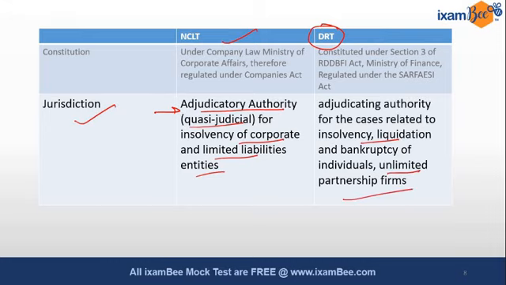A general partnership firm has unlimited liability of the partners. But in case of companies, the liability of the promoters is restricted to the investment they have made in the company. And same is the case with the LLPs, limited liability partnerships. So such cases of corporates and LLPs go to NCLT and DRT is for individuals and partnership firms.